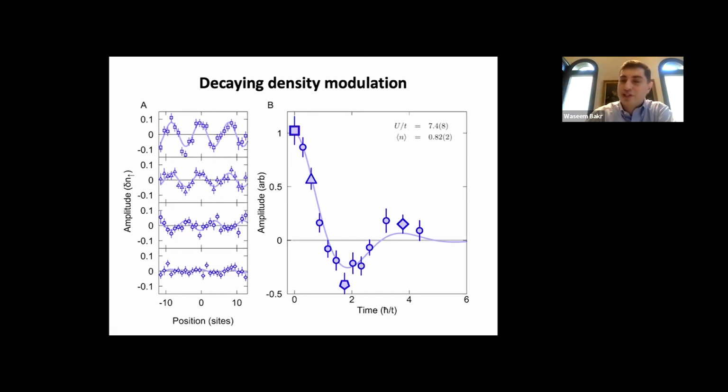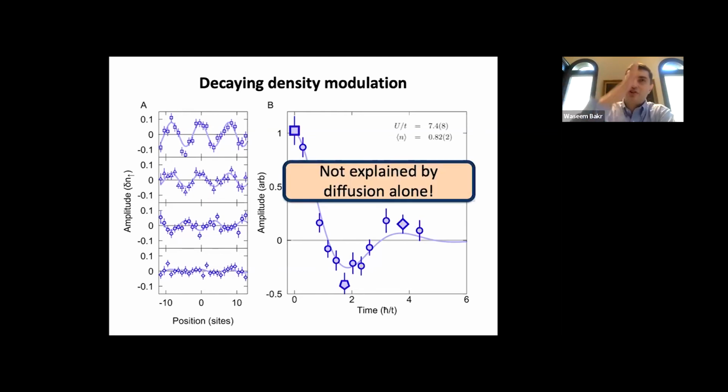So this is not what you expect from diffusion, right? Diffusion, you just expect an exponential decay of the amplitude. Here, there's a bit of something like a sound mode. If you're sticking a potential in the gas, then you might expect to excite some sound. And that's what we're seeing here, some damped sound, essentially. This was for a wavelength of 5 sites.